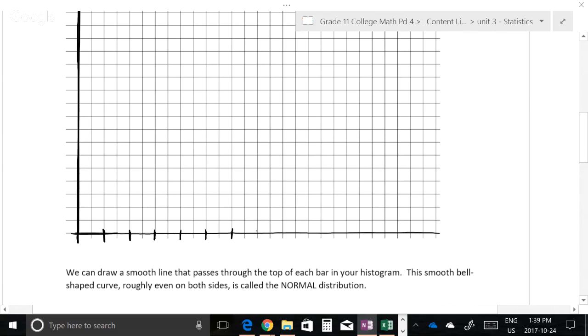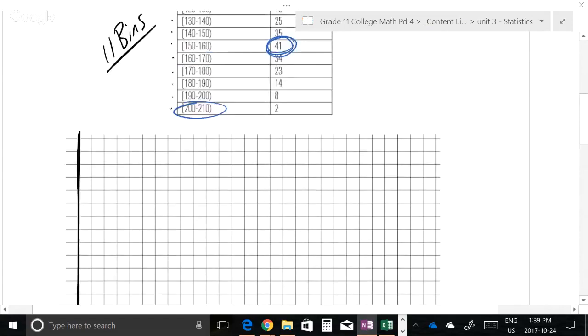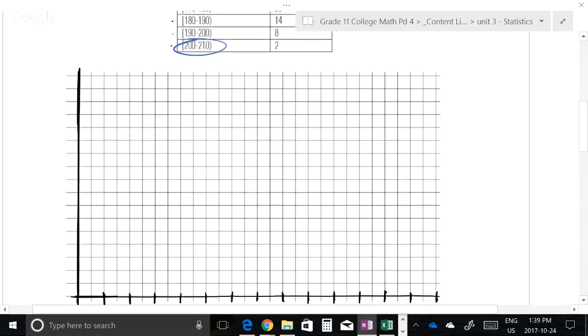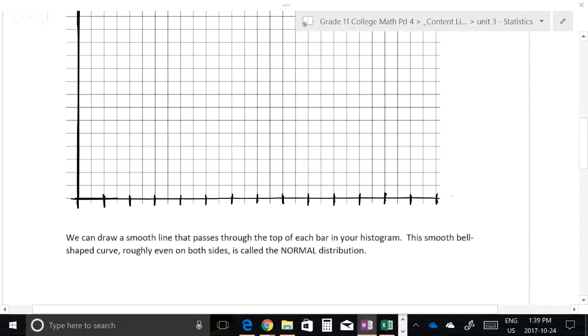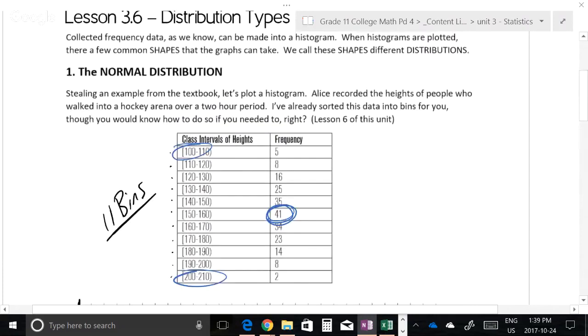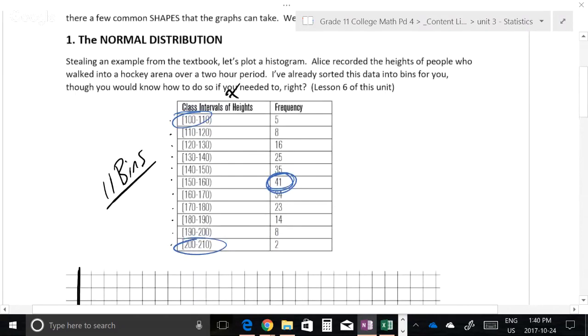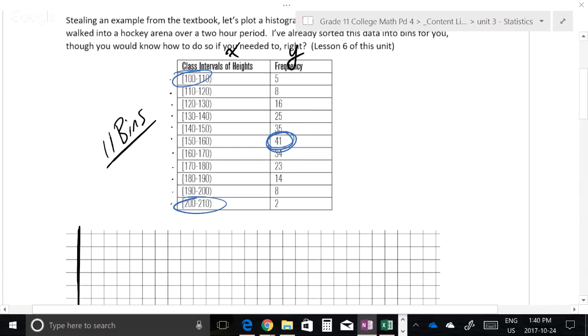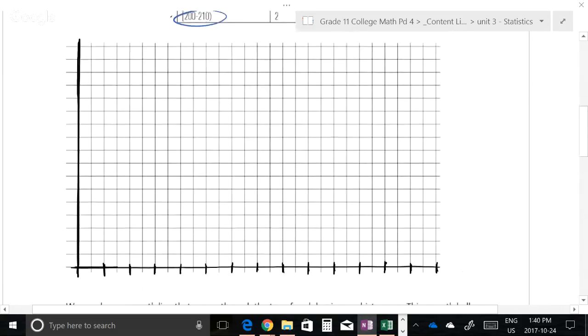Oh, this is always X? Whenever you're given a table of values, it goes in alphabetical order, so X and then Y. And when you imagine a histogram, it's going to go up and down, right? So your bins are going to be along the bottom.